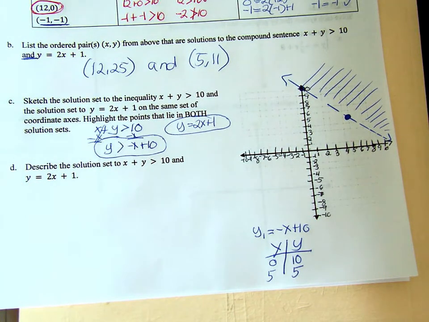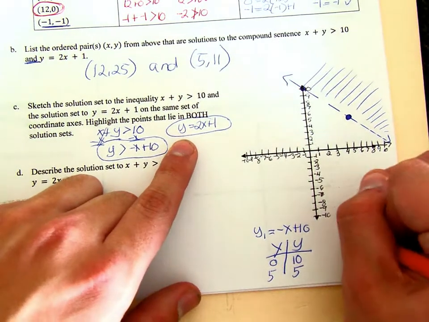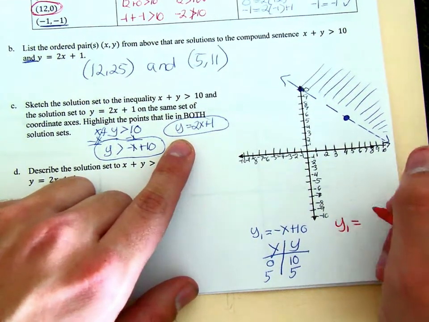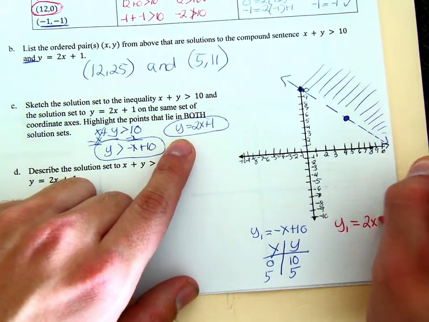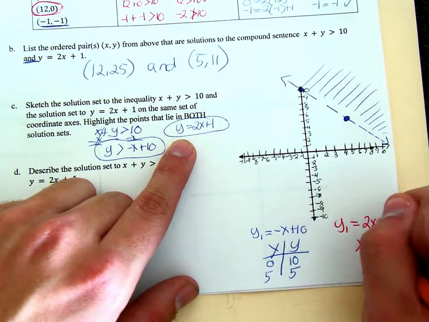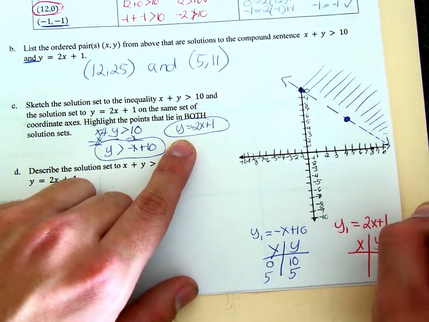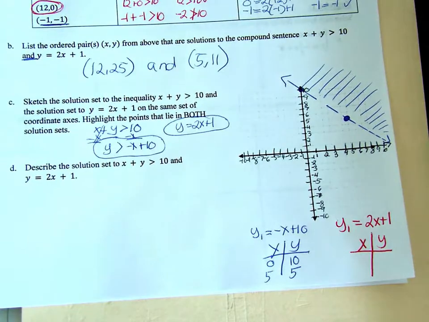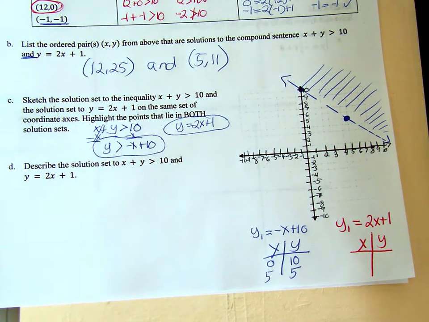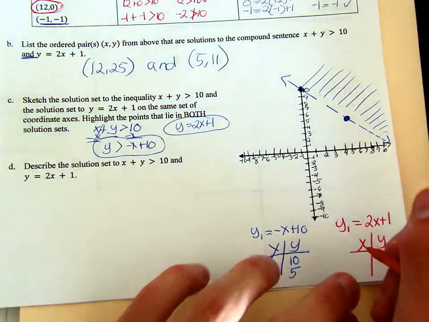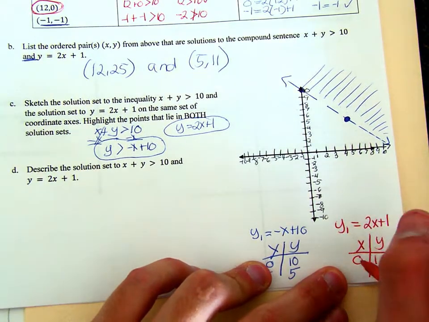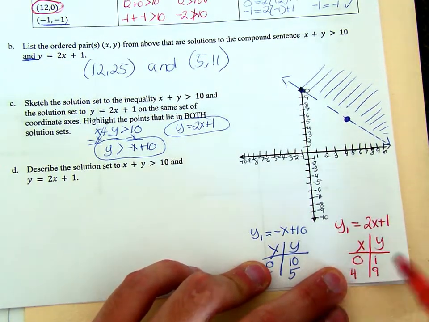So now I'm going to look at my other equation: y1 is equal to 2x plus 1. Again, if I substitute this into my calculator, I can get my values. I'm just going to pick any 2 points. I just picked 0, 1 and 4, 9.